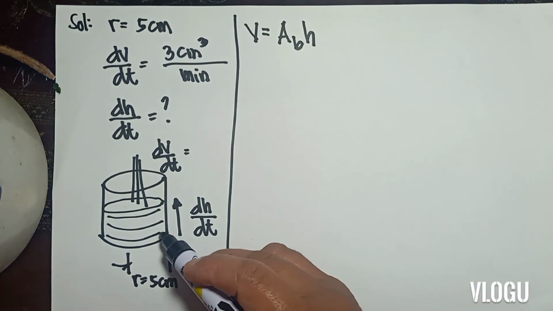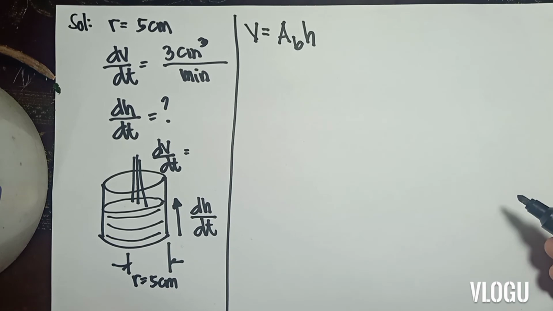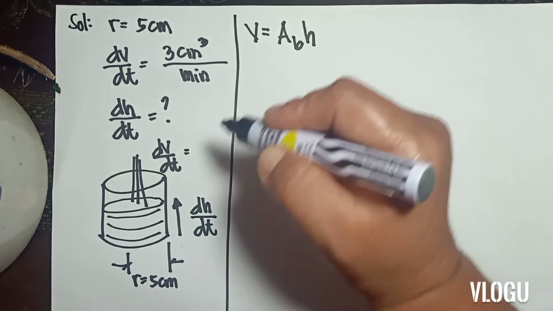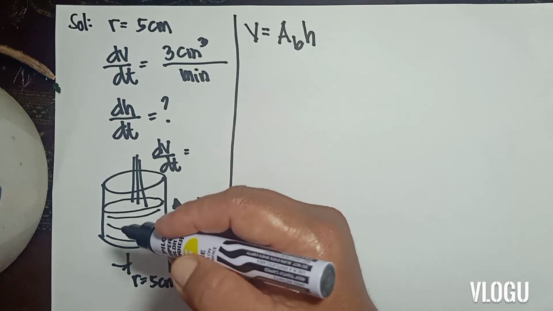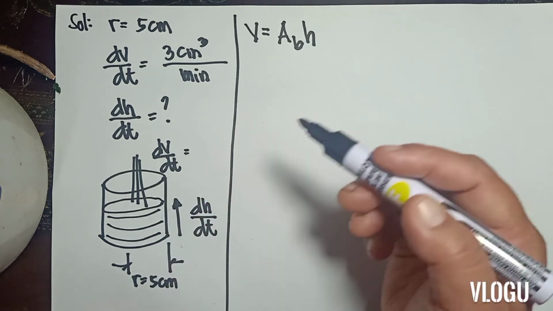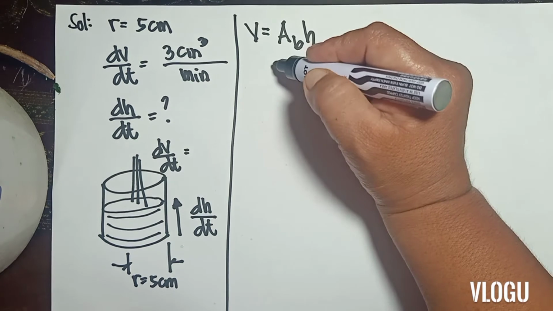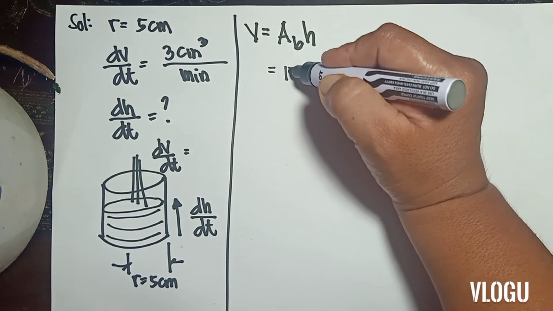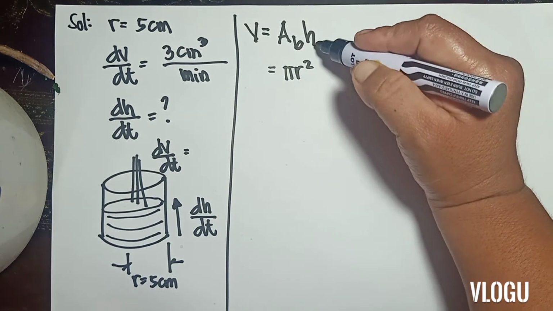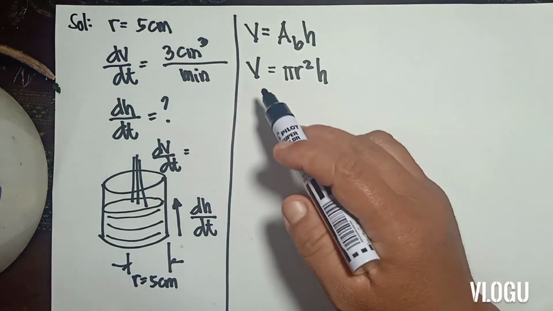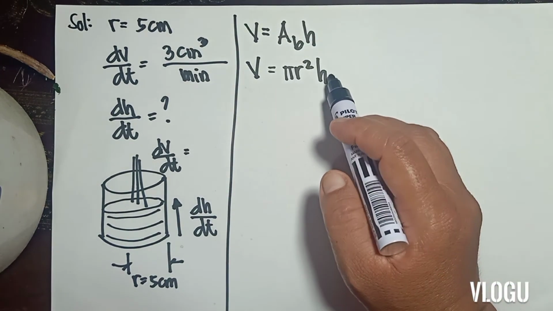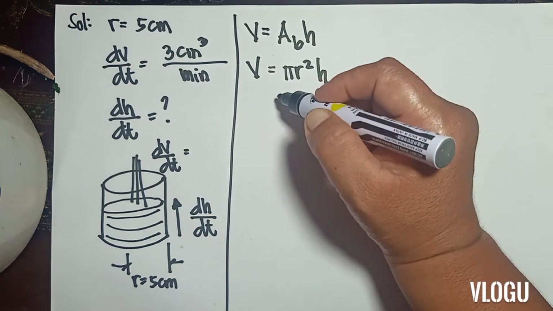The base of the cylinder is a circle, so the area is pi r squared times height. Therefore, volume is equal to pi r squared times height.